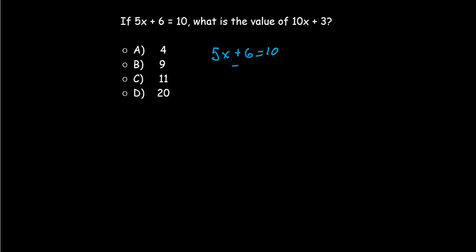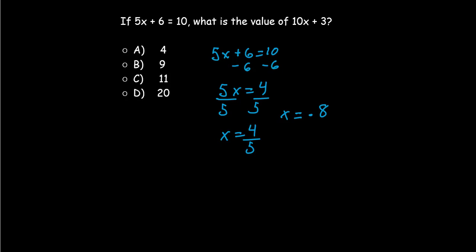We can subtract 6 from both sides, which equals 4, and then divide both sides by 5. x = 4/5, or you could say x = 0.8. Generally I would work with 4/5 so I can reduce the fraction.